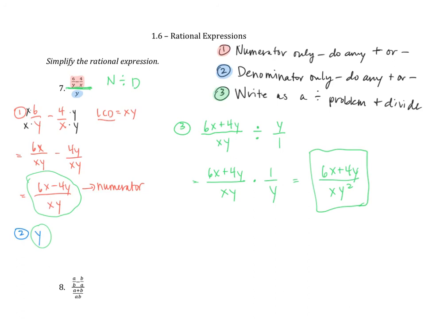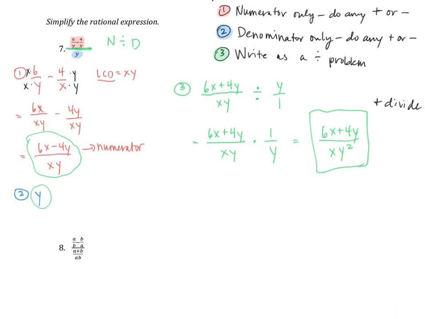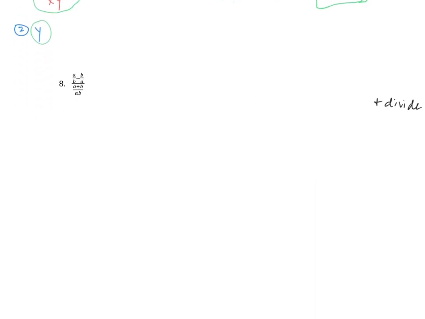So that is the steps that you will go through to do these, 7 and 8. Okay, so 8. We want to look at the numerator first. So that is the red step. So first step is the numerator. So A over B minus B over A. So first thing we want to do is find the LCD.